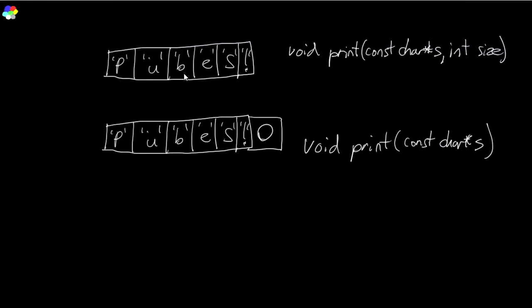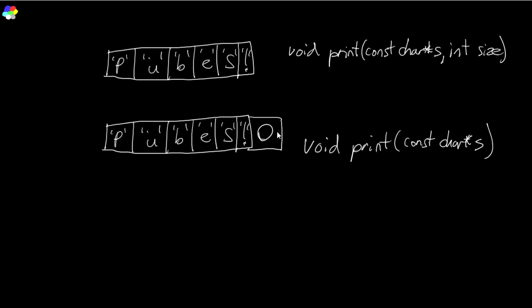Now, there are two main ways we can go about this. Up until now, when we've passed an array to a function, we pass a pointer to the beginning of the array, and then we pass a size that gives us the number of elements in the array. We could do that for our print function. But we could also do it a little differently. We could create an array with our characters in it, but at the end of the array, we put a special value, and that value indicates this is the end of the array.